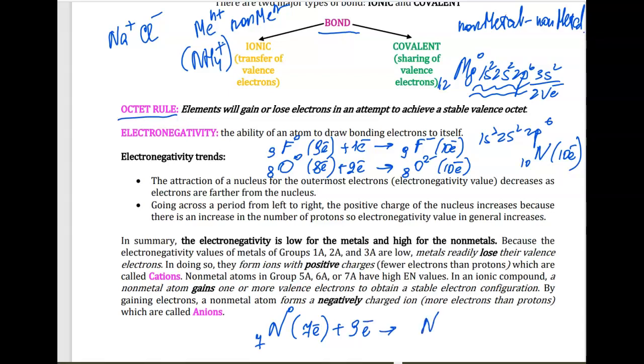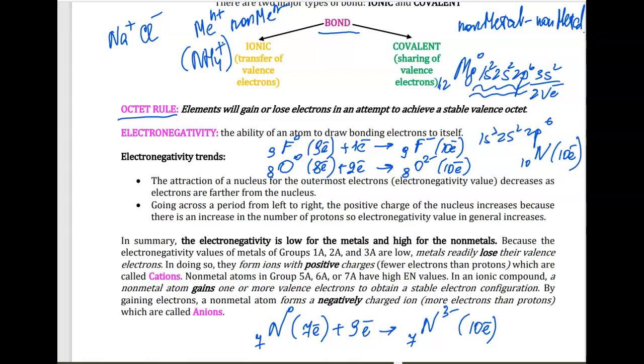So nitrogen 7, but when it's an anion, its charge will be 3 negative, and the amount of electrons will be the same, 10 electrons.